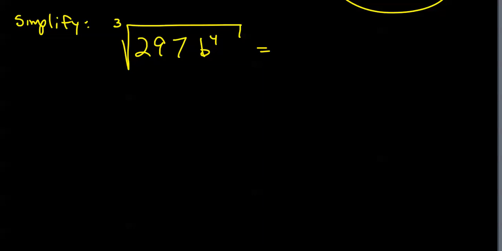Well, the idea here is I'm going to be looking for perfect third powers that are factors of 297 and also b to the 4th. I claim 297, I believe that's 27 times 11. Let me check it. 27 times 11 is indeed 297. Alright, so that'll come in handy.